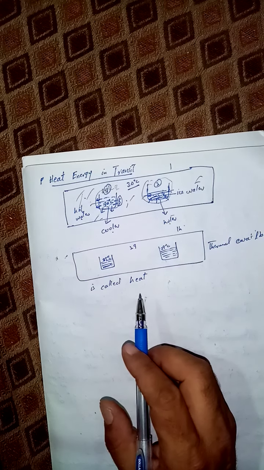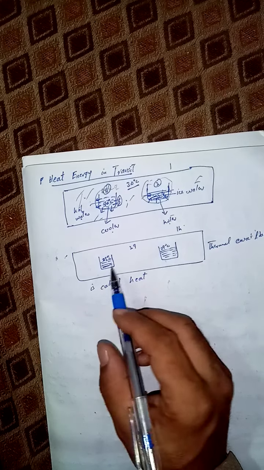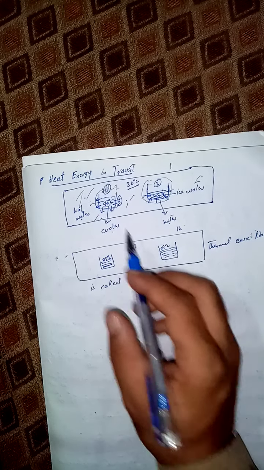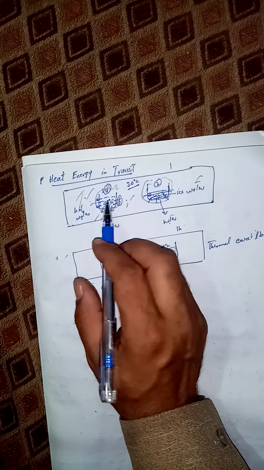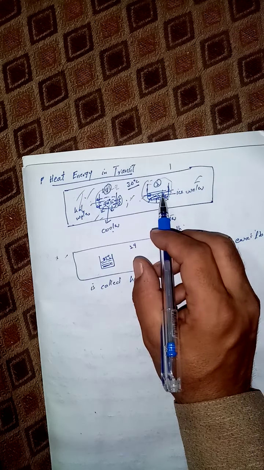So it means that the approach to thermal equilibrium must involve some exchange of energy, because energy is exchanged from system 1 to the environment and from the environment to system 2.